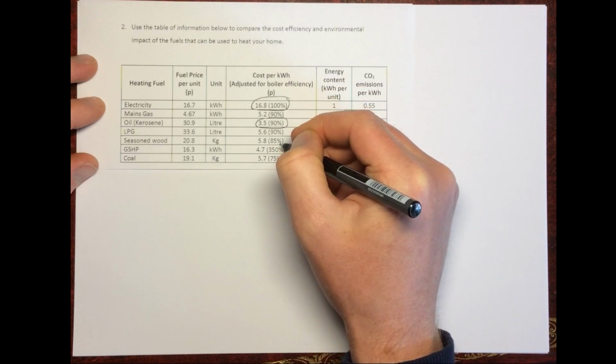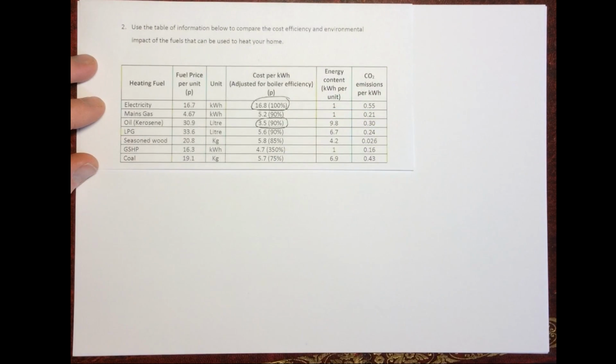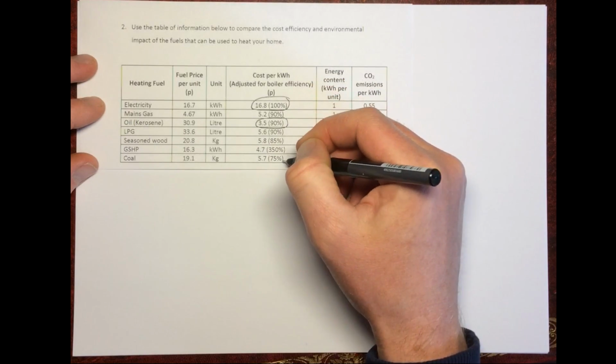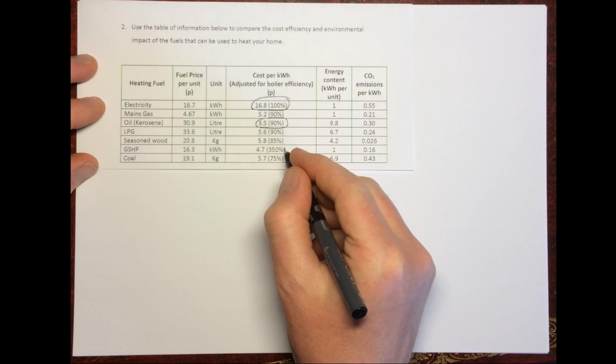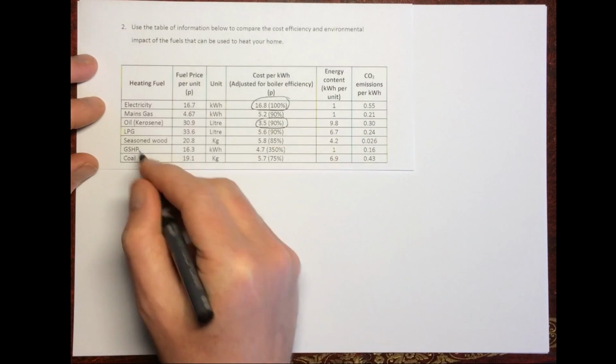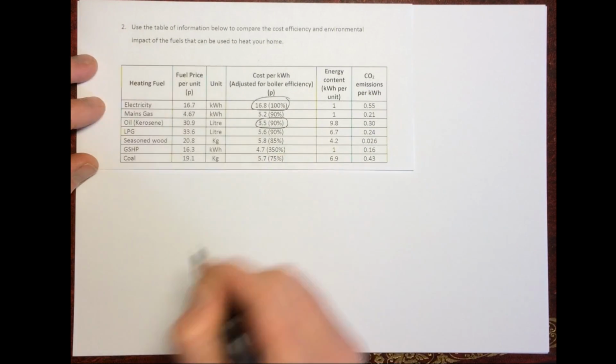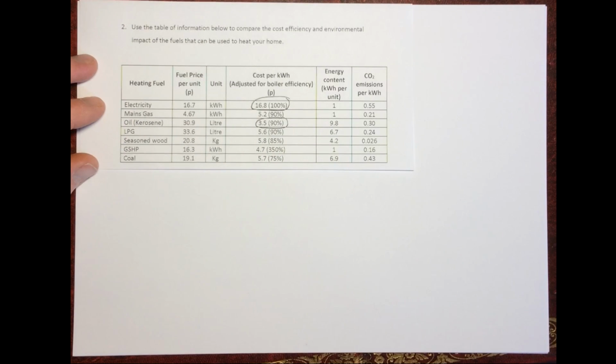The percentages here just talk about the efficiency of the boilers, okay, and they have different efficiencies, and that's taken into account in these calculations. This might seem a bit odd, 350% efficient here, but that's just due to a strange, slightly odd way in which they calculate that value, but you can just ignore those percentages, okay.